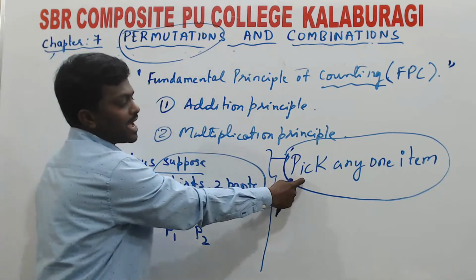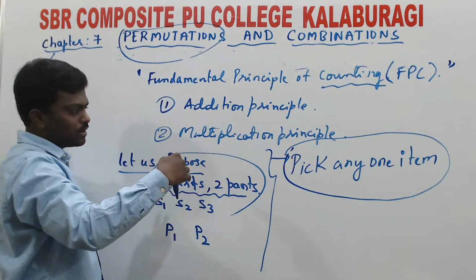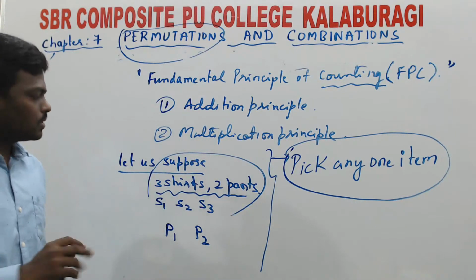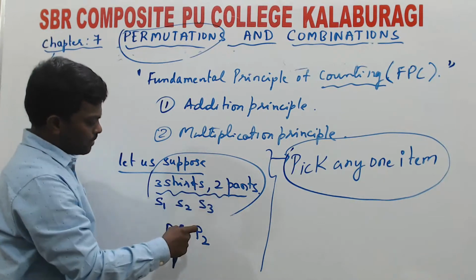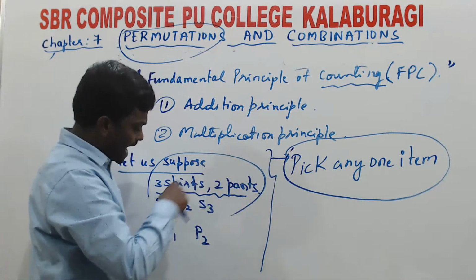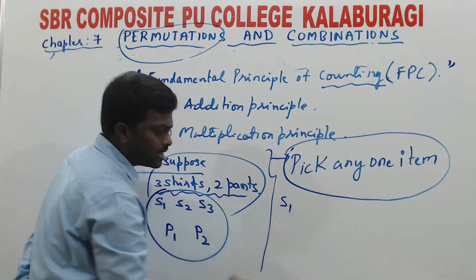Why am I stressing this? You will understand more clearly when I take the multiplication principle example also. Now we have three shirts and two pants, and to pick any one item among this collection, I'll pick either S1.